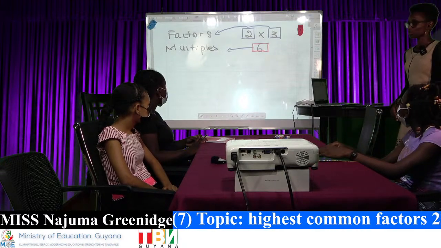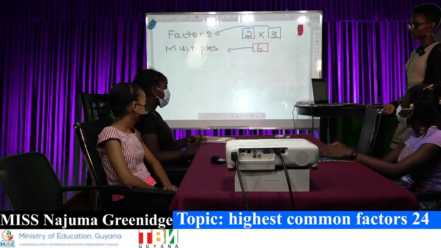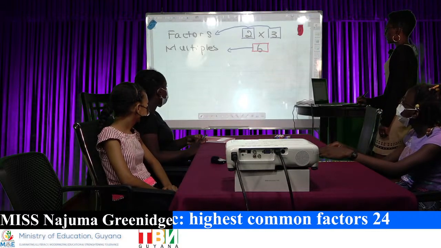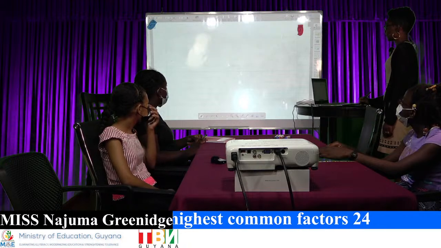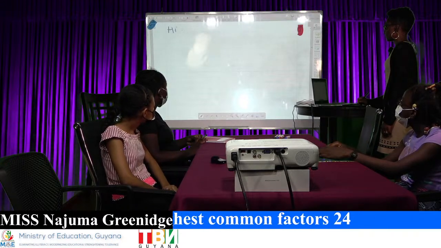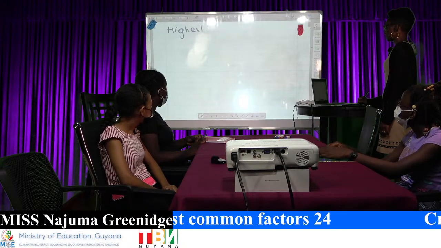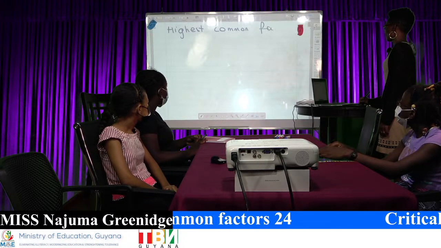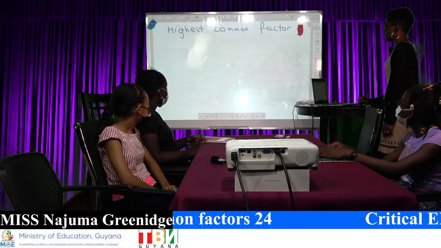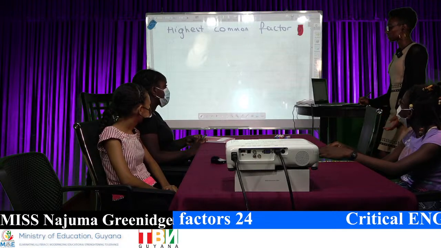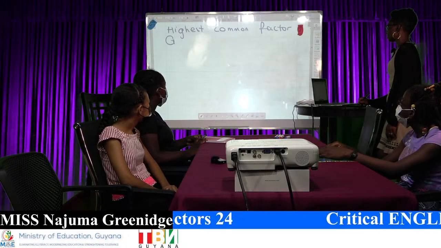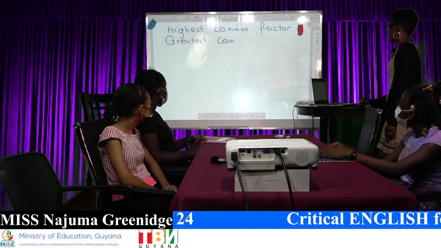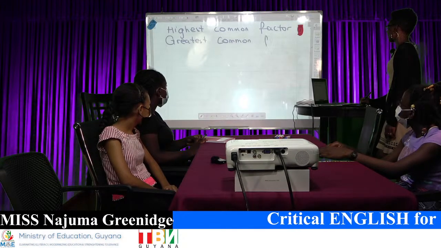So a particular number can have more than one factor. Today we will look at highest common factor, or if you look at other textbooks, you may see the term greatest common factor.